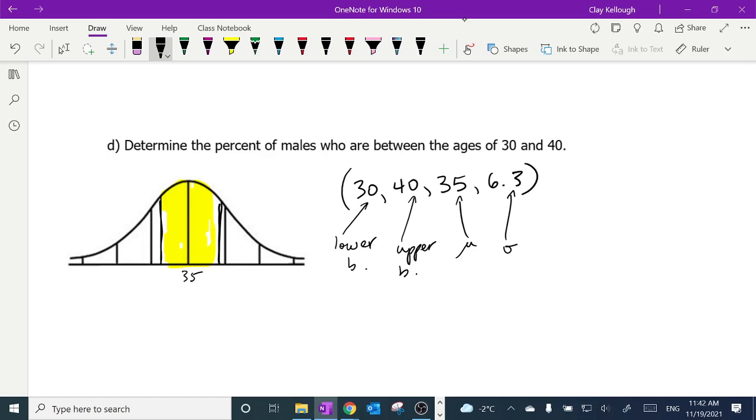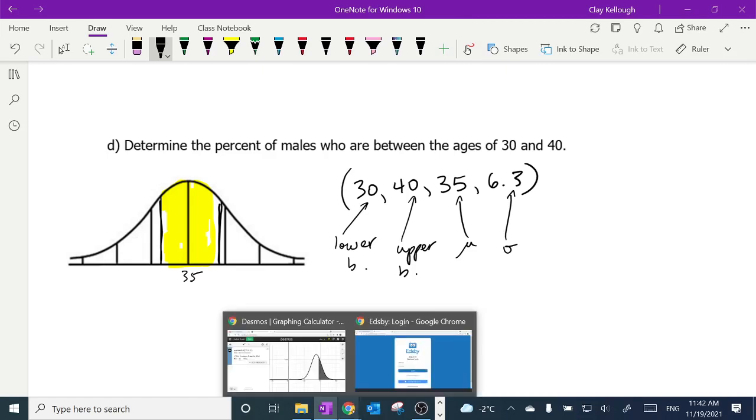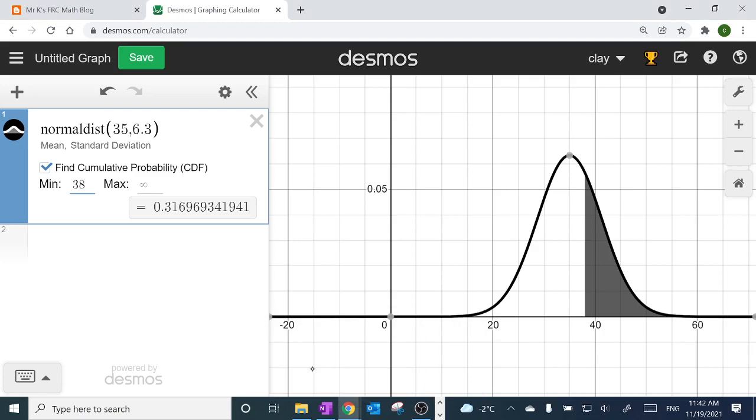Question? Yep. So on Desmos, I am going from 30 to 40. It's more than half, 57.3%.